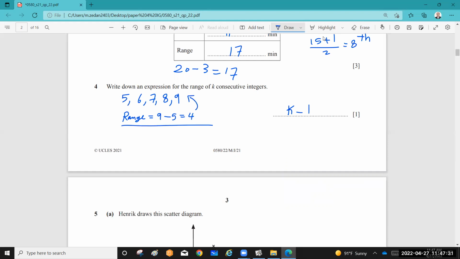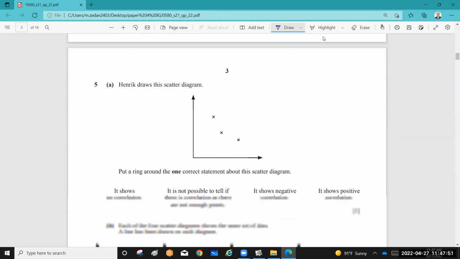And if you want to be sure, take any other numbers like 6, 7, 8. Three numbers, and the range is 8 minus 6, which is 2, less than the number by 1. So if you have k consecutive integer values, the range will be k minus 1, smaller than k by 1.